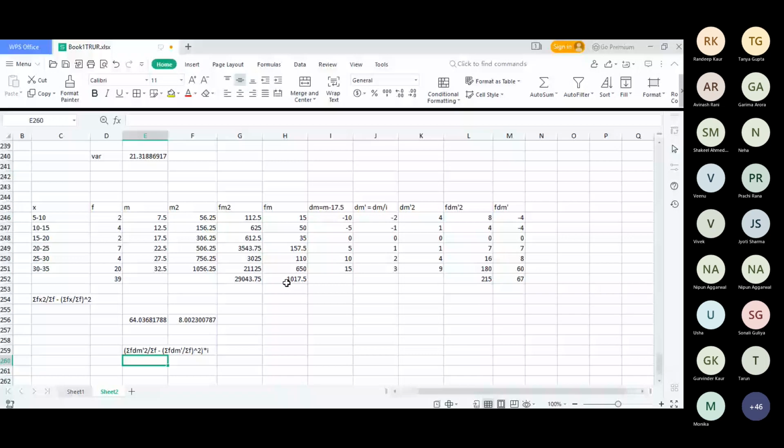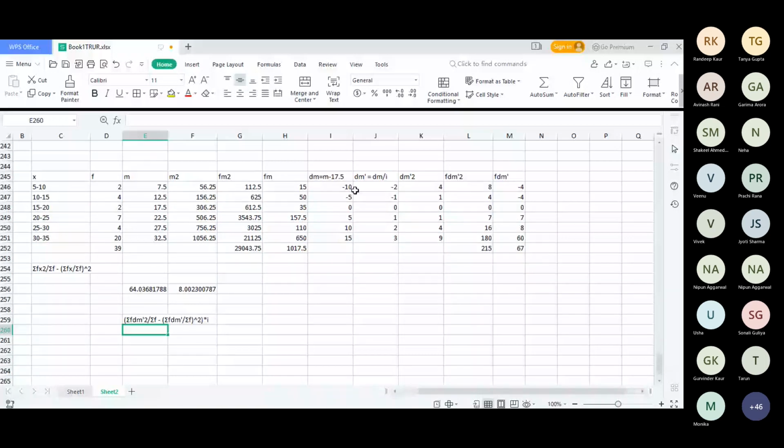So now this FDM dash square value is 215. Make the brackets.